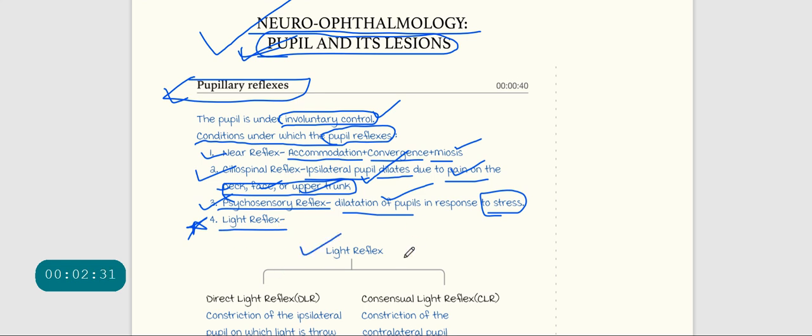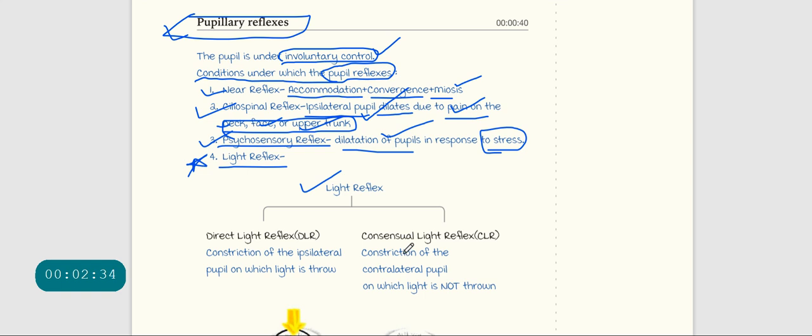Light reflex is basically of two types: direct light reflex and consensual light reflex. Direct light reflex, as the name itself suggests, is where the light is put directly on the eye. In the consensual light reflex, there is constriction of the pupil without any light being thrown on that eye.